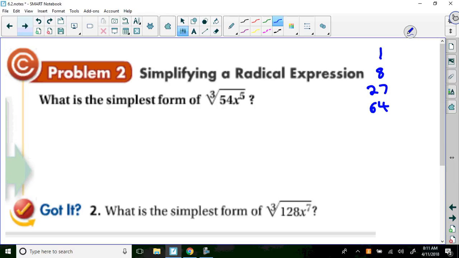Why not? 54 is really what times what? It's 2 times 27, right? And who can read my mind and tell me how I'm going to rewrite the x to the 5th? X to the 3rd times x squared, right? Cool.